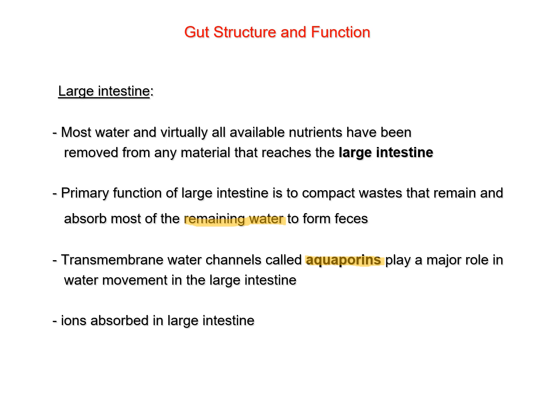Ions also can be absorbed in the large intestine. I should point out that certain bacterial infections or inflammation can lead to reversal of the flow of water and ions into the large intestine, resulting in diarrhea.